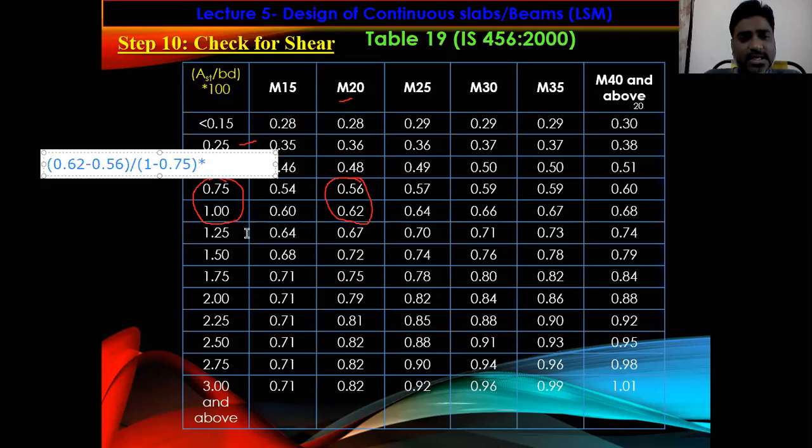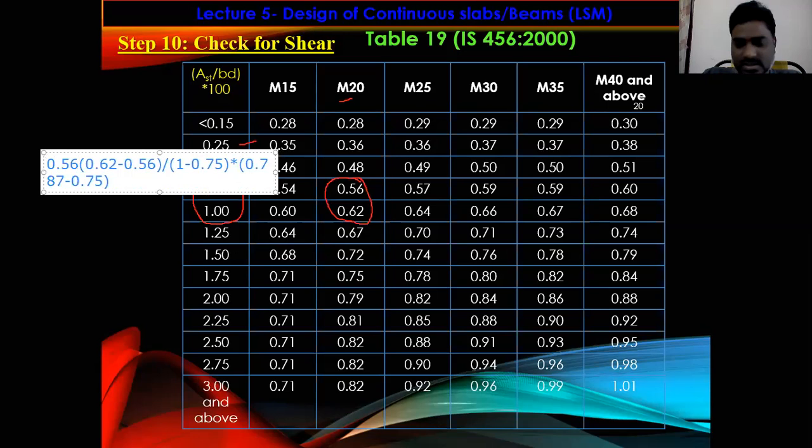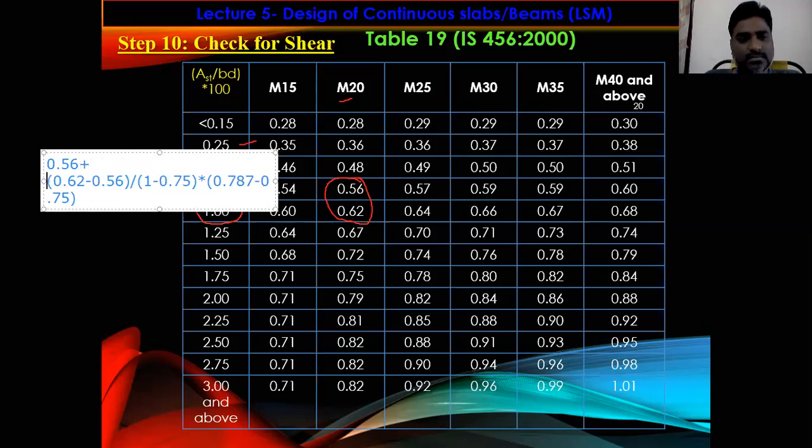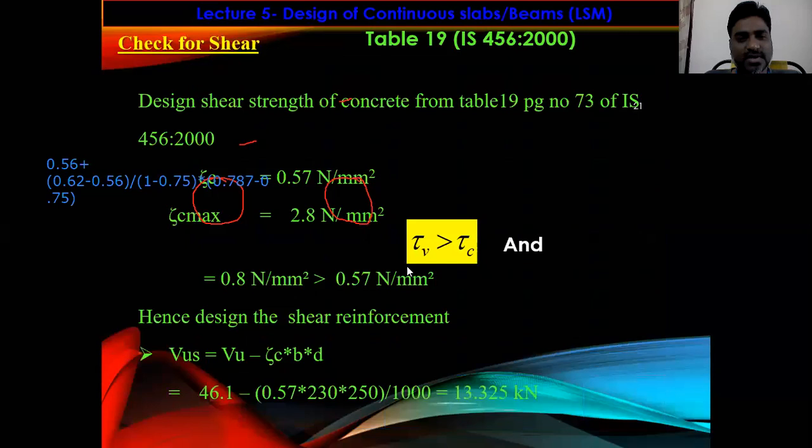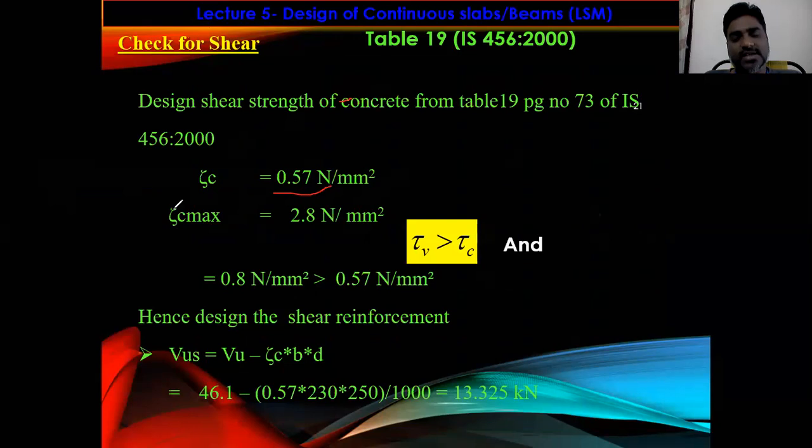If I come from this side, then this value becomes 0.787 minus 0.75. I am coming from this to this, the value is increasing, so for this overall factor, I can add it to 0.56 plus, right? So this is the equation to determine the interpolation. After interpolation, I got the value of 0.57 newtons per mm square.